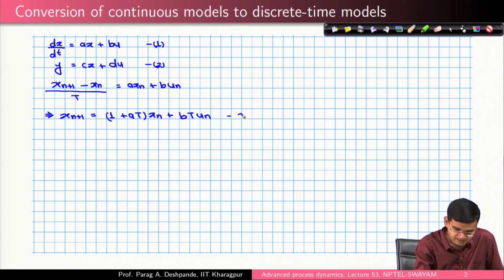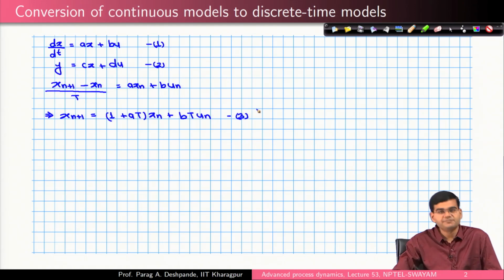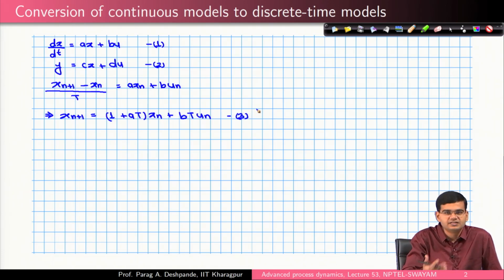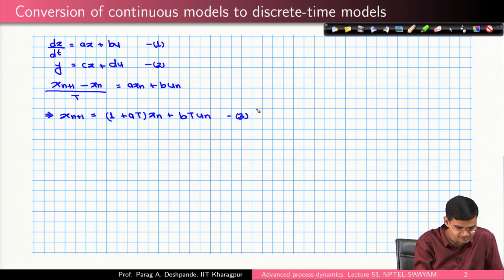So, let me refer this to as equation 3. In this particular case, I have not done the initial rearrangements. Mathematically, it is all correct. There is not an issue as far as the steps are concerned.